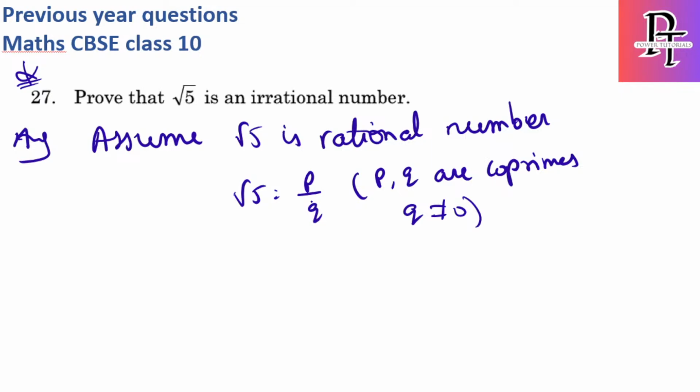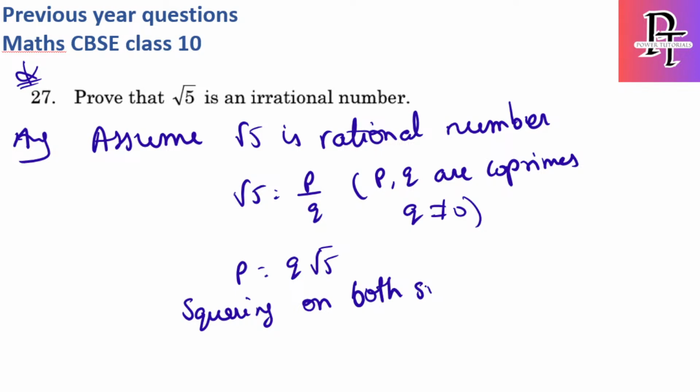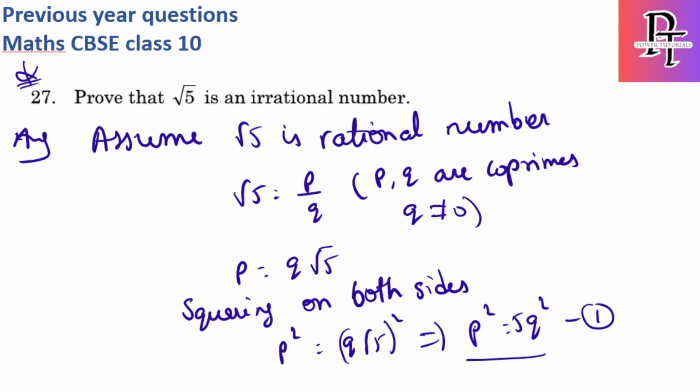Now do squaring on both sides. If I do squaring on both sides, it becomes p square is equal to q root 5 whole square, or p square is equal to q square into 5. So from this, okay, let's write it as 1. From this statement I can say that p square is divisible by 5.